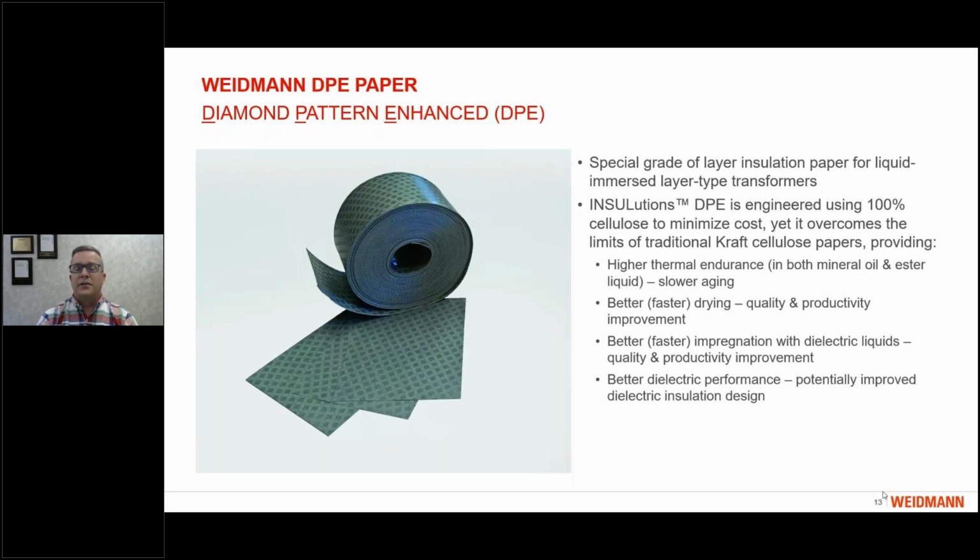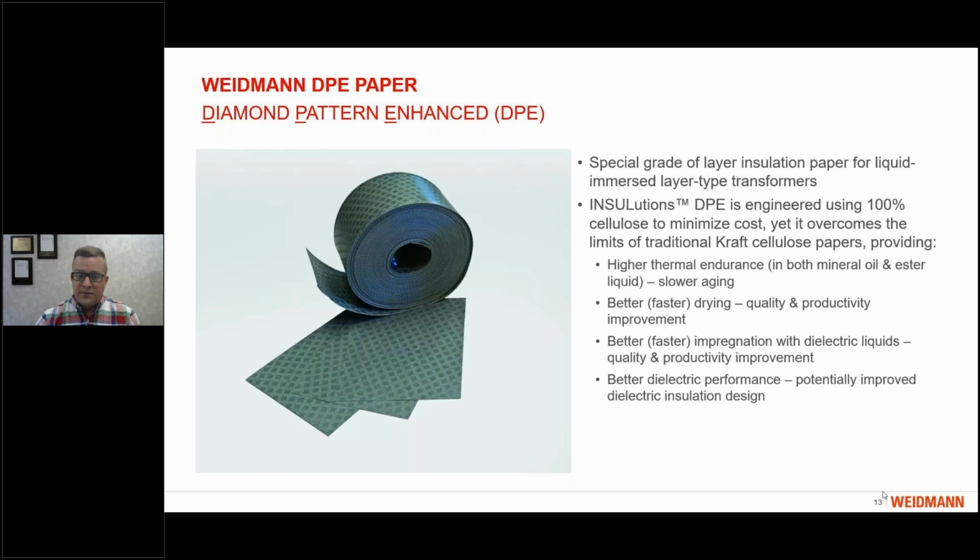So in particular, the four benefits that I'm going to cover today in a little bit more detail about this paper and what it does, and then specifically what it can do for renewable energy transformers, is it has four advantages over the typical kraft paper. So number one, it has a higher thermal endurance in both mineral oil and ester liquids. So that means that it ages more slowly and it has a higher thermal class as a result.